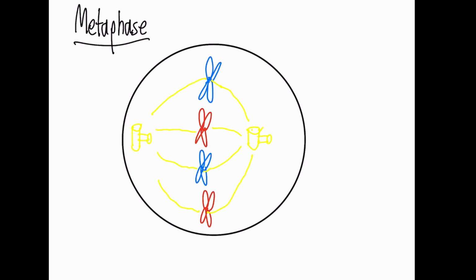The second stage of mitosis is called the metaphase. In metaphase, one of the key features that you notice is that all the chromosomes are lined up in the middle of the cell. It's lined up in one straight line, or rather to say, it lined up in a plane.